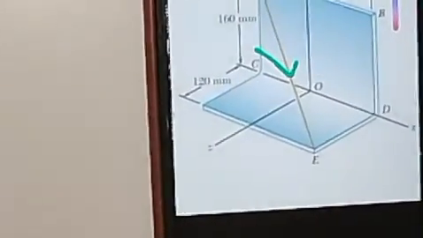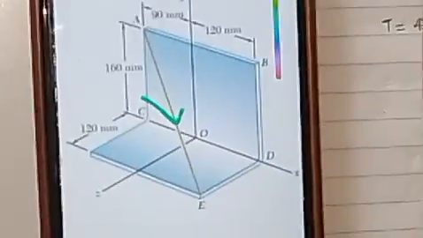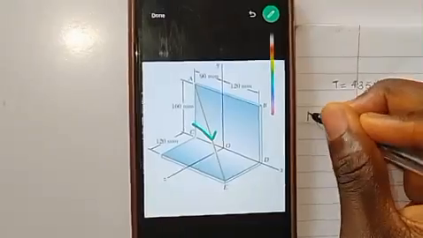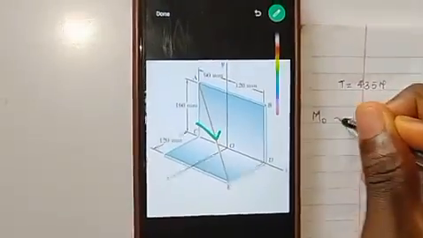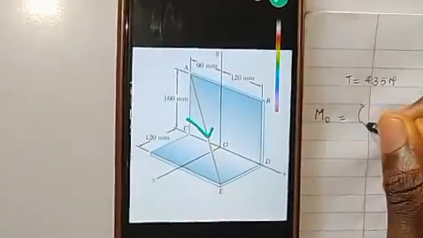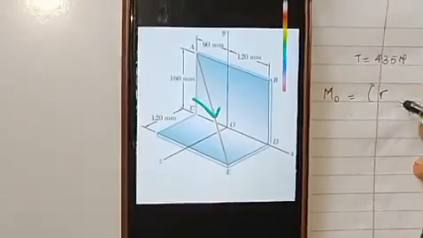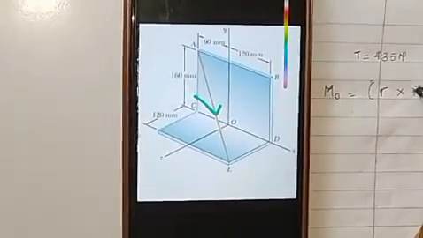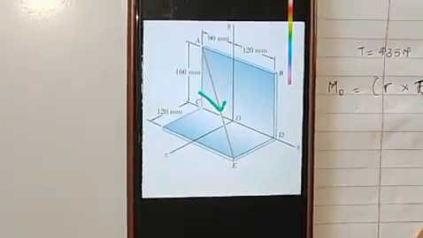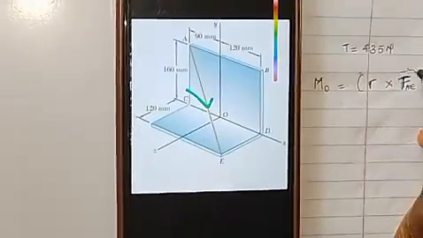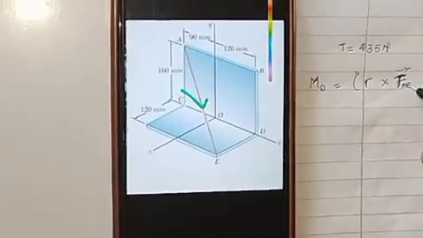So we can express this tension in unit vector notation, although we know our moment about point O is equal to the position vector cross the force or the tension. Don't forget, in this case we are using tension AE, the unit vector of this, and the vector notation of this tension.